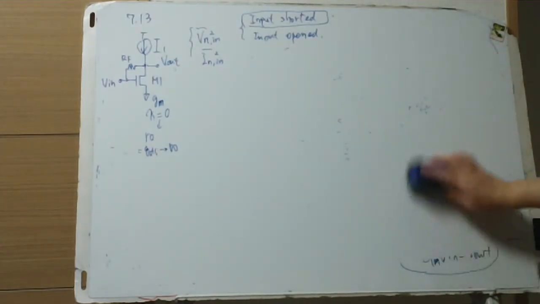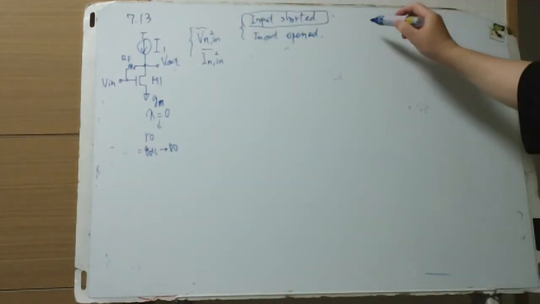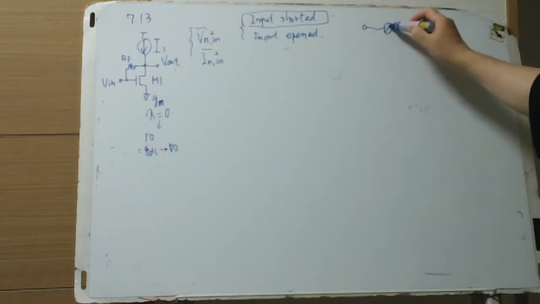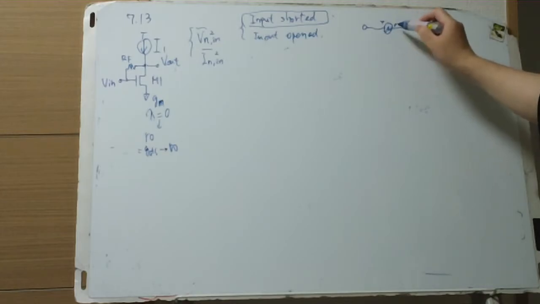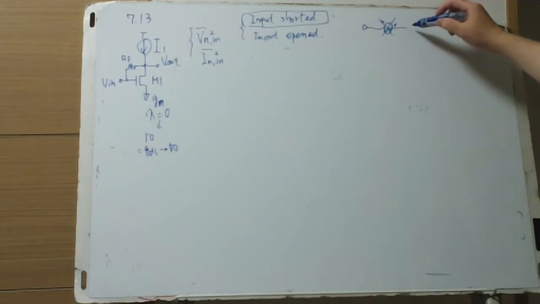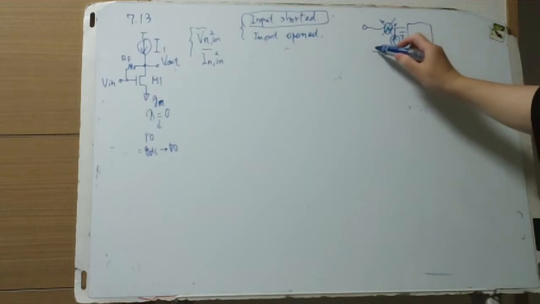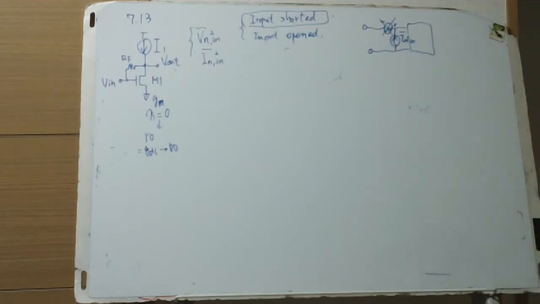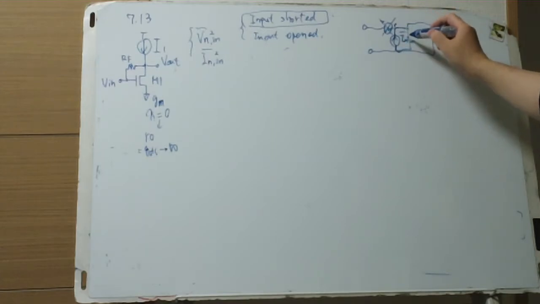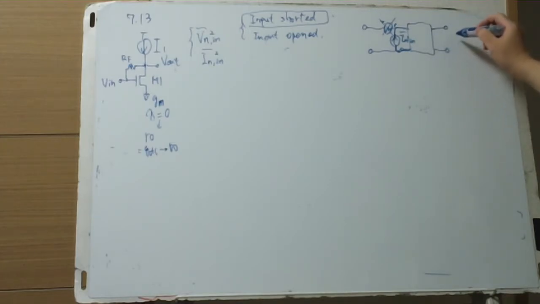When output is opened, as in this textbook beforehand, we understand Vn is floating, and the input voltage noise has no interference, no effects on the circuit, and just the current noise In squared bar affects this circuit and affects the output voltage or current.